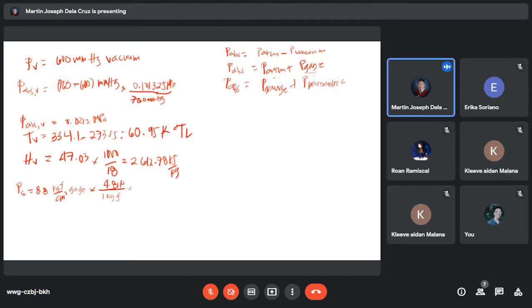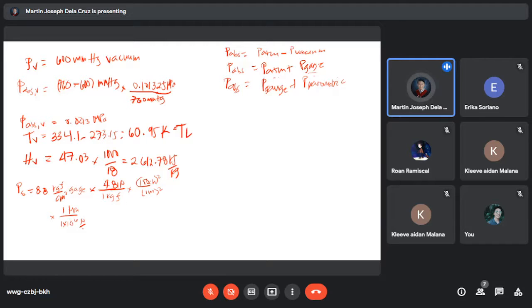And in 100 centimeters, you have 1 meter, and since it is squared, that is squared. In 1 megapascal, you have 1 times 10 raised to 6 Newton per meter squared. Newton per meter squared is your Pascal.